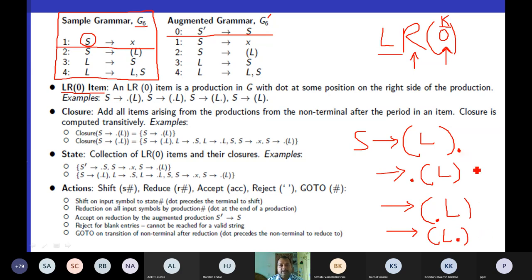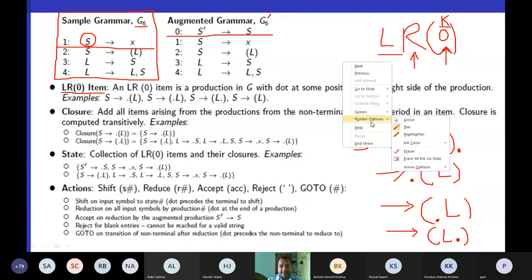Now this dot indicates that when I am parsing a string or series of tokens, at which position I am. The dot indicates my current position. So one example is given here for the second production rule. I believe for the other production rules also you can identify what the items will be.